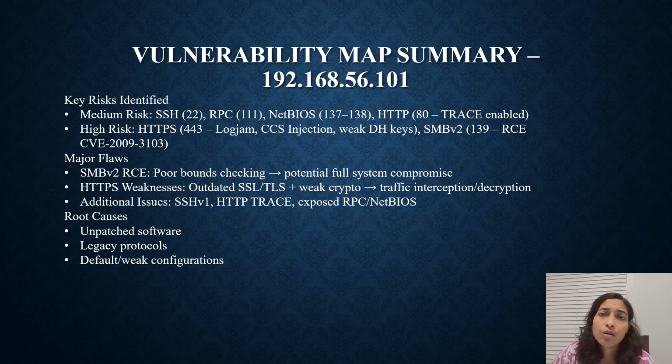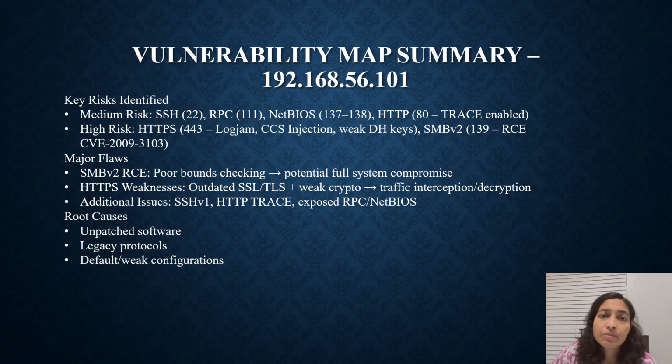HTTPS on port 443 is vulnerable because it's using outdated SSL/TLS protocols and weak cryptographic keys that make it possible for attackers to intercept or decrypt sensitive traffic.